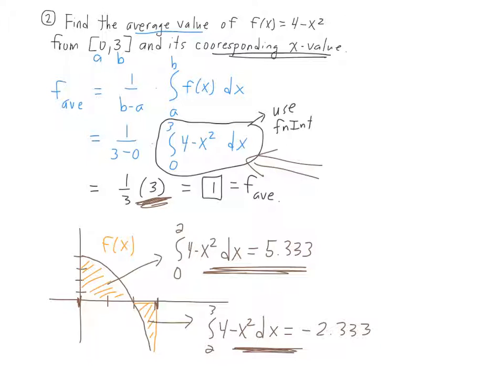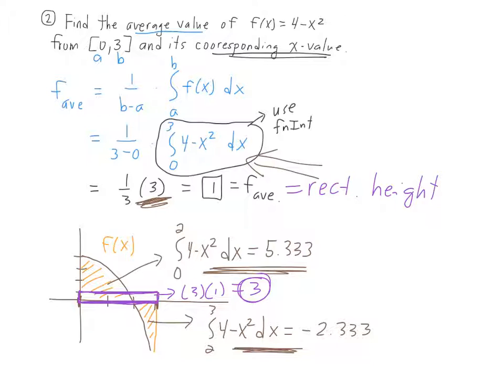So the average value we just found to be 1. Remember, this represents the rectangle height. So we know the rectangle width needs to be 3. The rectangle height would have to be 1, because notice that 3 times 1, the dimensions of this rectangle, 3 by 1, would give us the same area of 3.